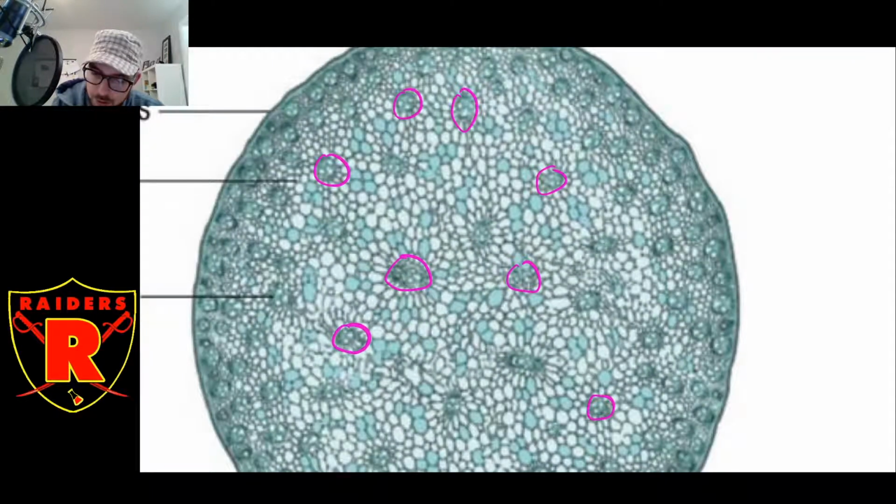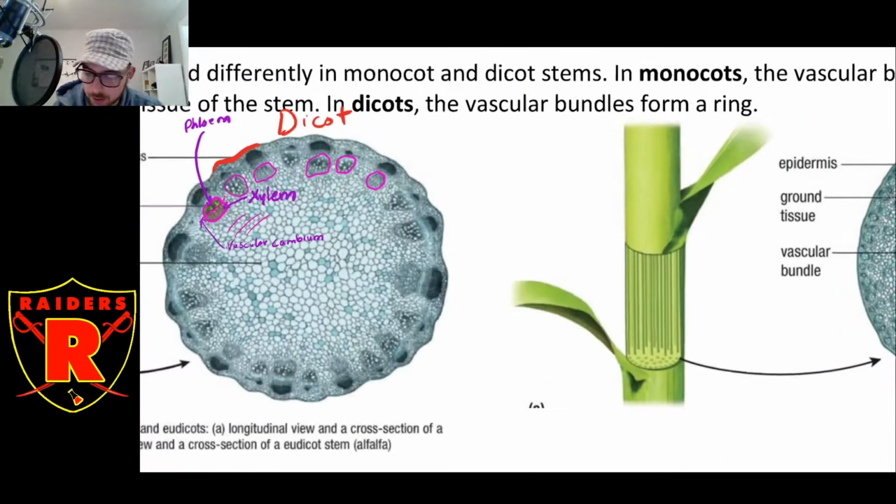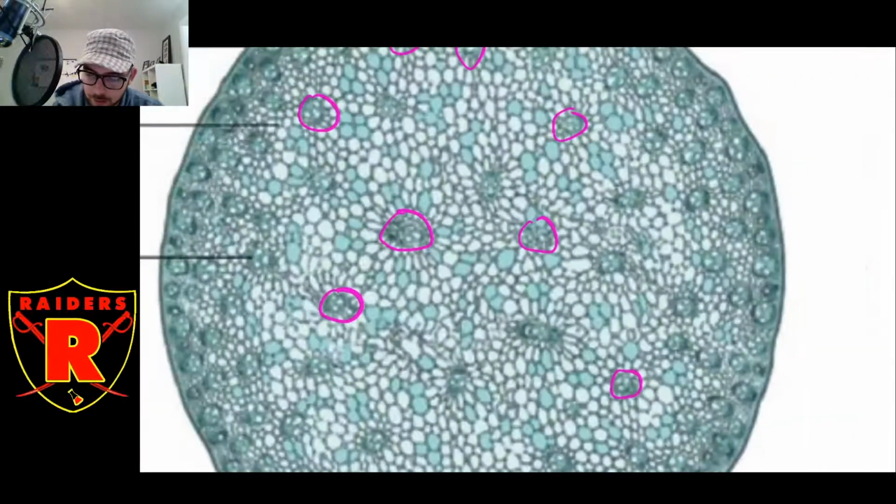I'll show you an example here. I want to color code it the same. What did I do for xylem? Is that pink? Red? So the xylem would be these, right here.